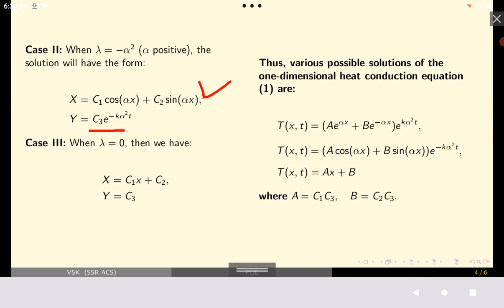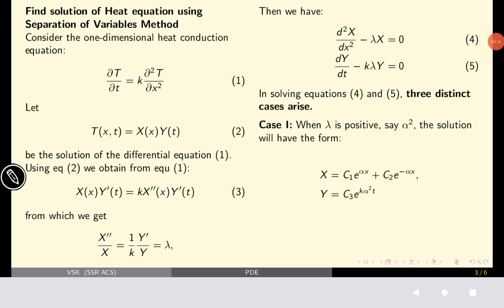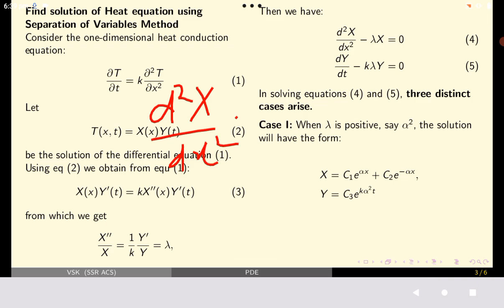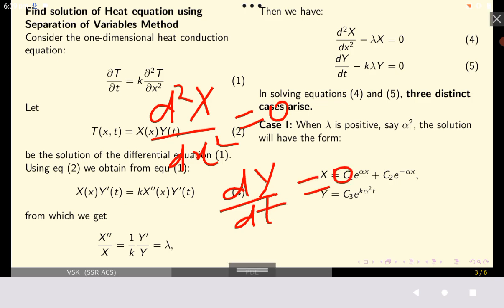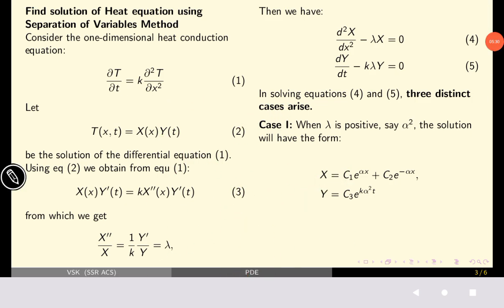Now let us say case number 3, when lambda is equal to 0. In this case, simply the first equation will become d2X by dx square equal to 0, and the second equation will be dy by dt equal to 0. From these two equations we can easily find the solution.